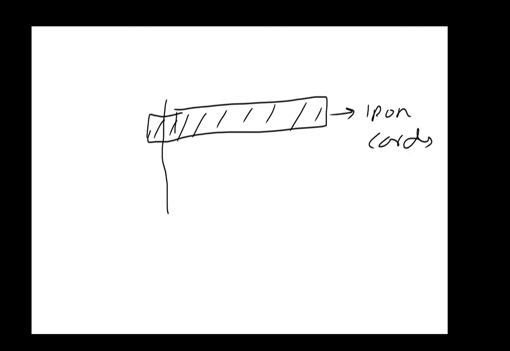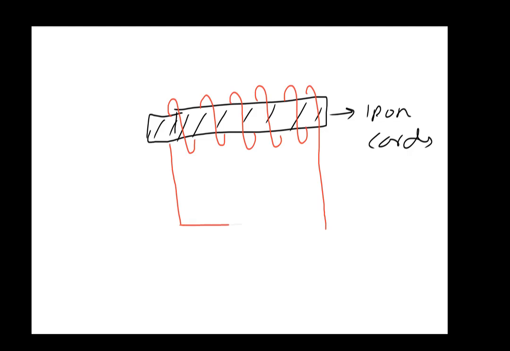Let me try a different color. So we have a wire that comes through. We coil it around the electromagnet, and we're going to connect that to the positive and negative sides of a battery.